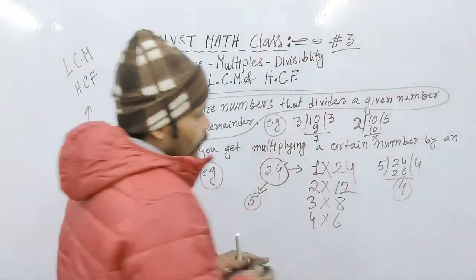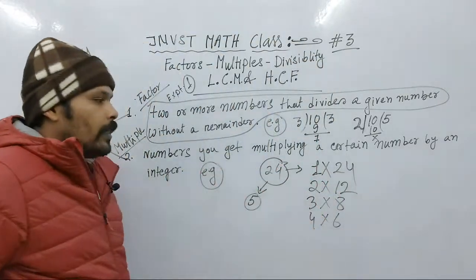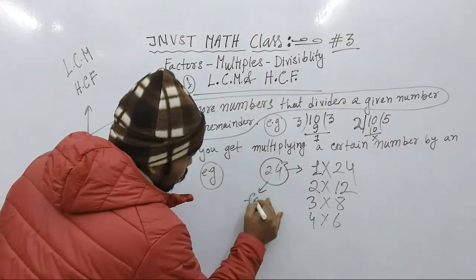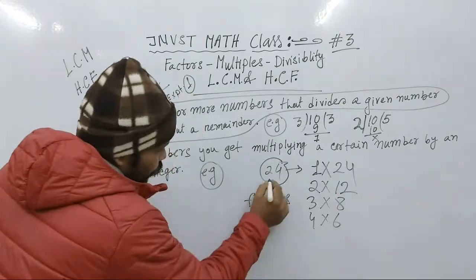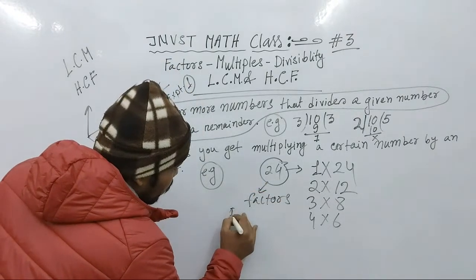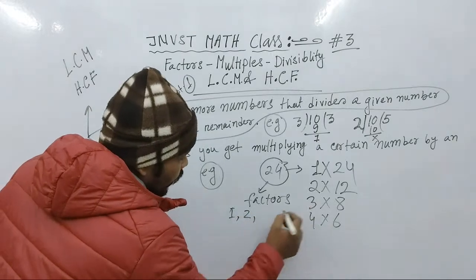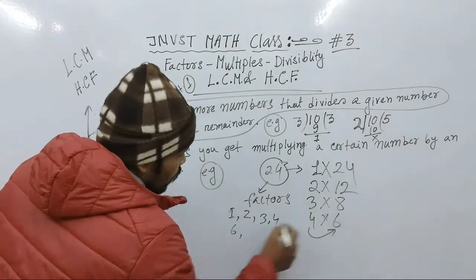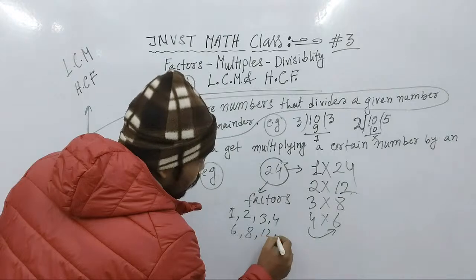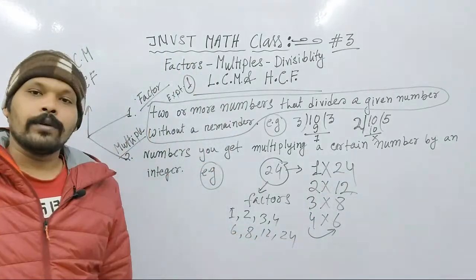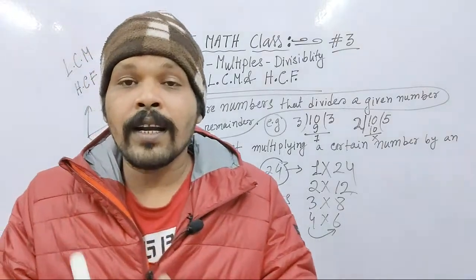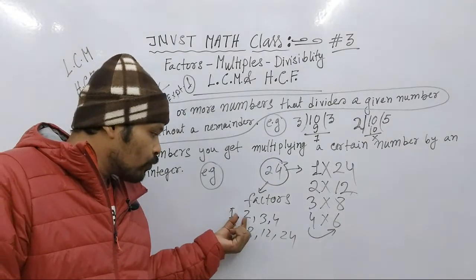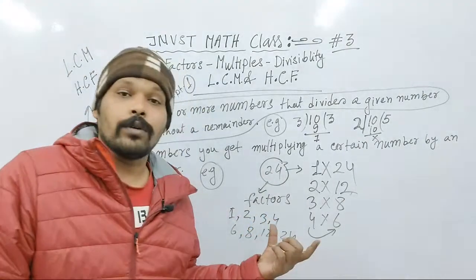So these are called the factors of 24. In conclusion, the factors of 24 are 1, 2, 3, 4, 6, 8, 12, 24.